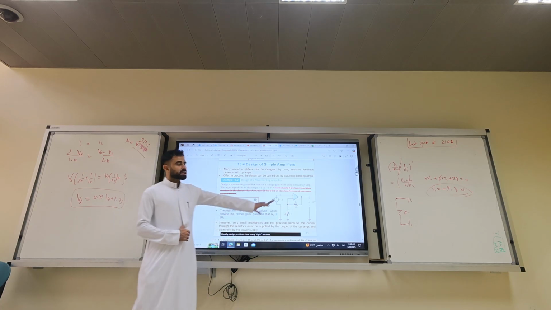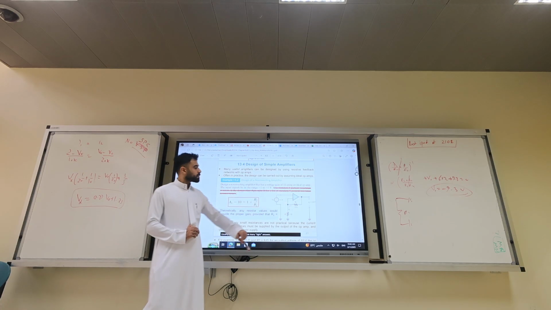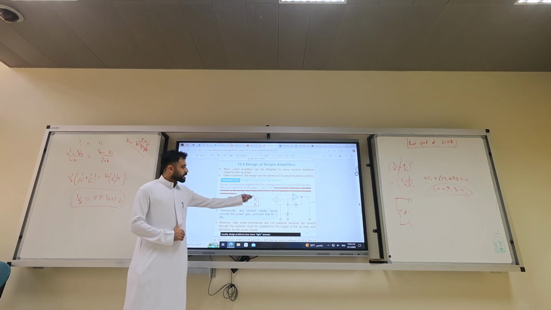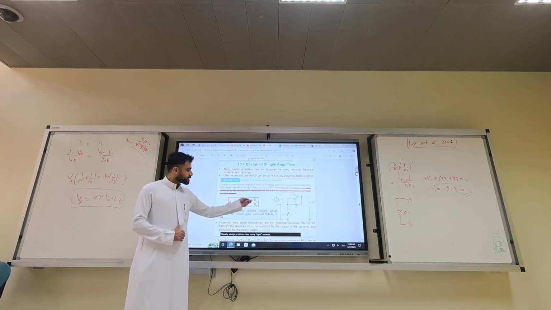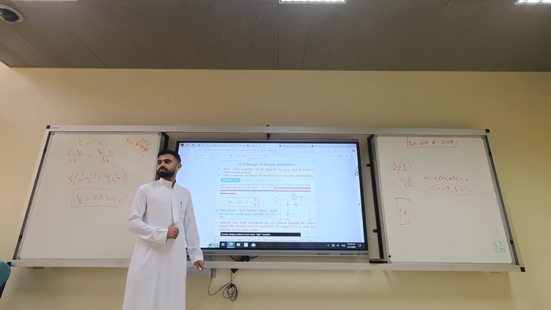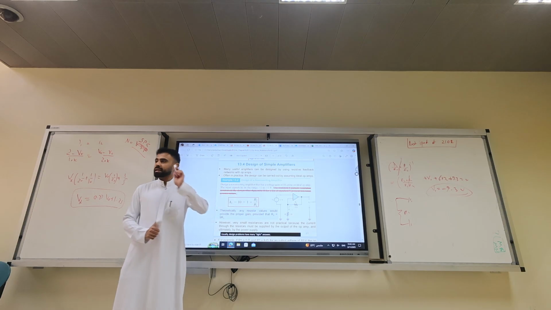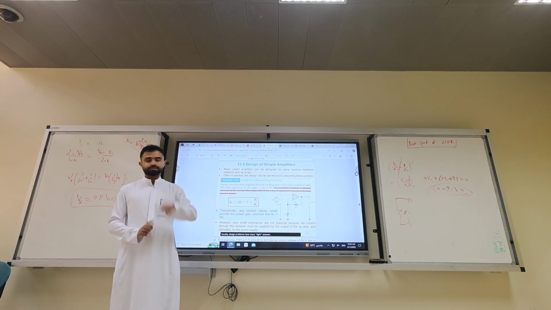Let's use this classical one. The gain is 1 plus R2 over R1. So it means R2 over R1 should equal 9. 1 plus 9 is 10. Okay, so R2 is 9 times R1.